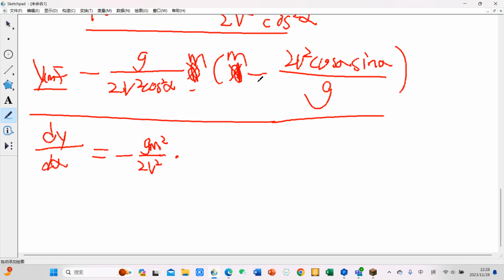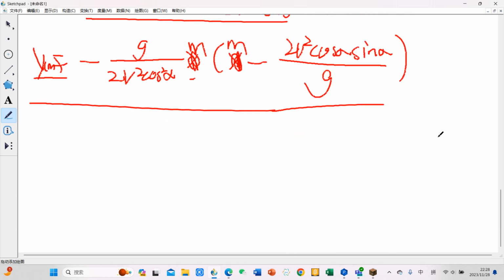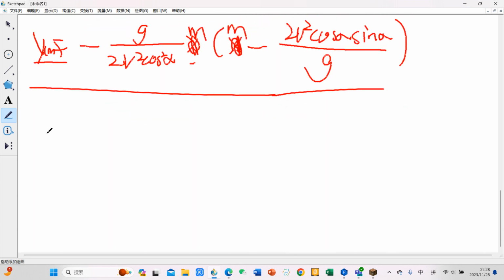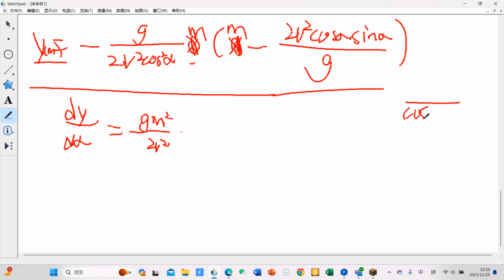So these are constant, v, g, m now are all constant. So what is this stuff's derivative? Okay, so I got nothing here. dy d alpha, so g m squared. And now what kind of derivative is this?